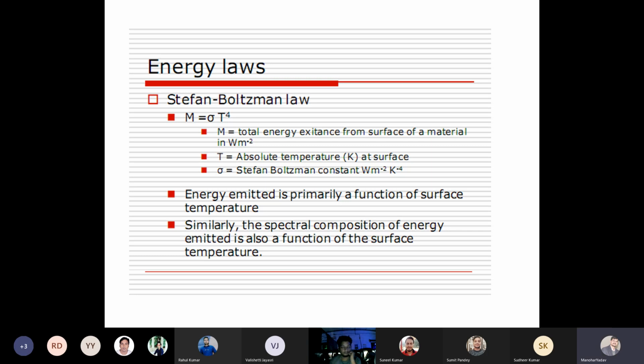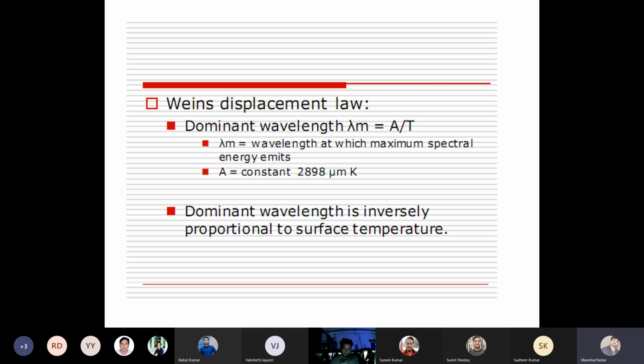So when we analyze the energy variation, previously we have seen the energy variation with respect to temperature, M is equal to sigma T to the power 4. Now we are discussing the energy radiated variation with respect to the wavelength. And there we measure one entity, that is, at what particular wavelength the radiated energy is maximum.